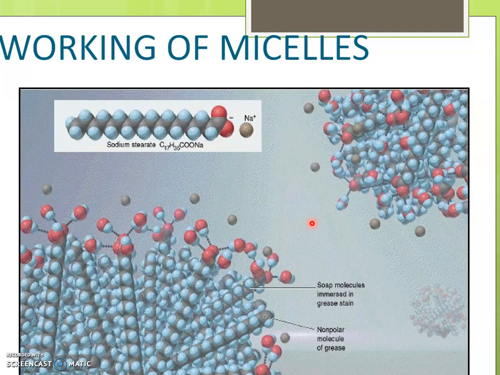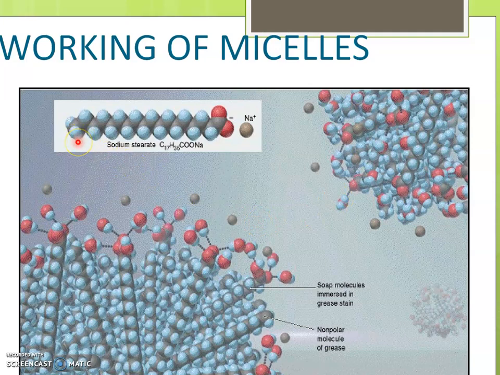If we add soap molecules or soap solution to it, what happens? If we stir the solution, the oil and water become mixed and form a stable emulsion. So soap can reduce the interfacial tension between the two layers. This is done by the formation of micelles. So soap molecules can form micelles.